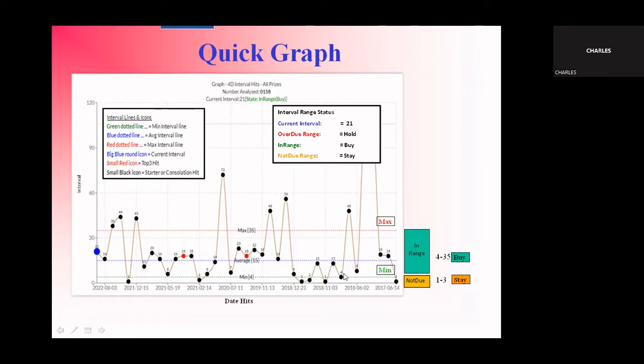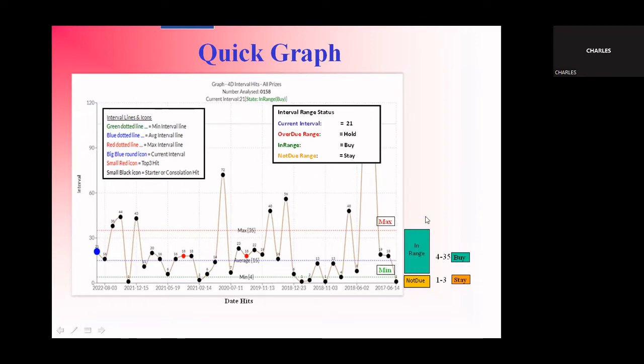So that is why I always recommend that when you pick a number, you should pick a number that is in range. If you just look at the number of hits in the in range, you find that about 60 to 65% of the hits are in range. Whereas for not due, you find that only maybe 10 to 20% of the hits are in the not due range.